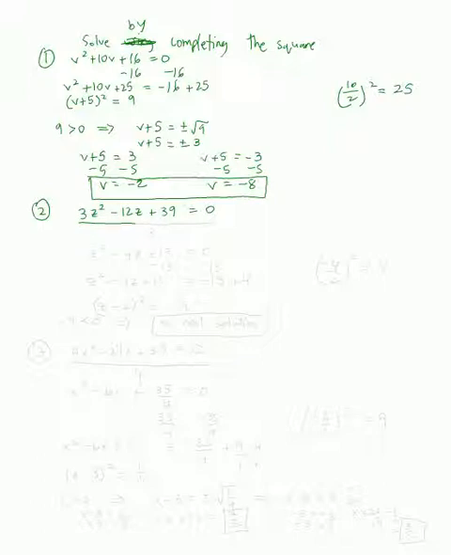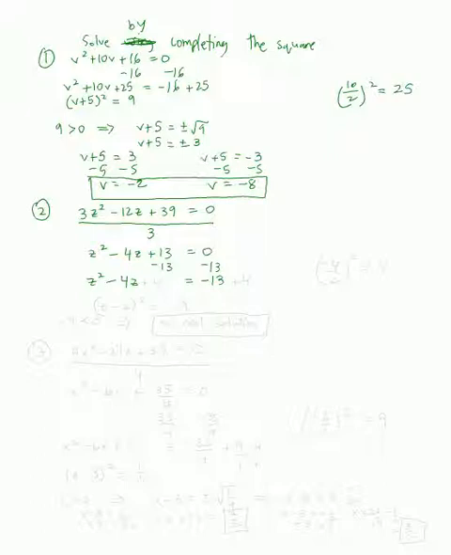So I'm going to divide the whole equation by 3. I end up with z squared minus 4z plus 13 equals 0. But now I move the number to the other side. Keep the variables on one side. I get z squared minus 4z equals negative 13.